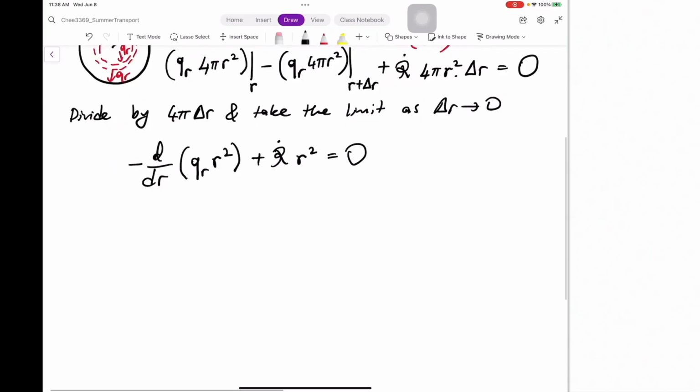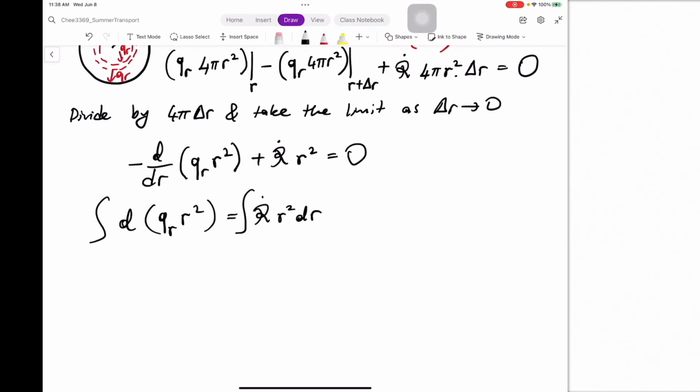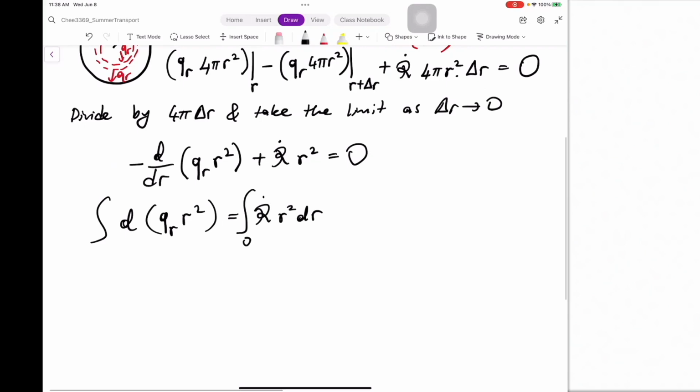Then from here, d of QR r squared is equal to fancy R dot r squared dr, and you take the integral from, for example, 0 to any r. This is from r QR is from 0, because r is 0, the r QR becomes 0 at the boundary, to any r QR.